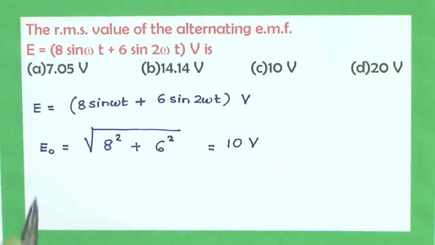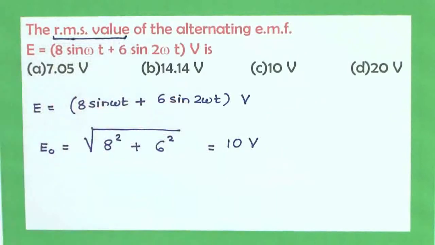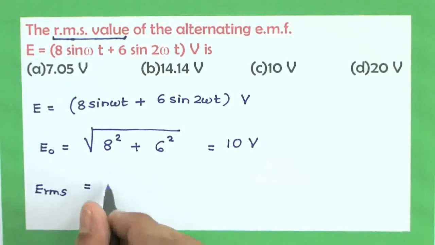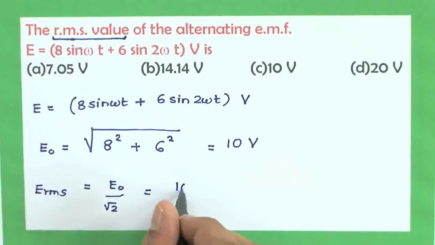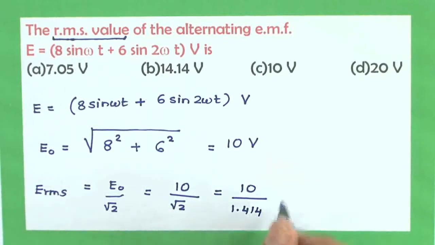But dear students, what we are asked is not to find the peak value, but rather the RMS value. So E RMS, we know that E RMS is equal to E naught by root 2, which is nothing but 10 divided by root 2, which is nothing but 10 divided by 1.414.